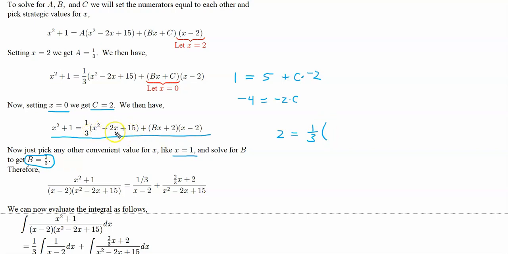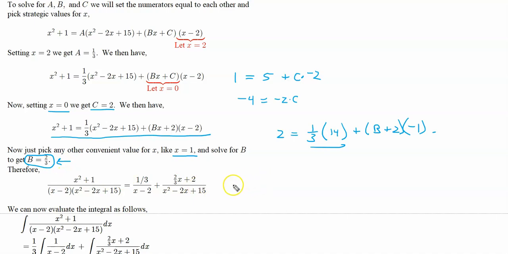This would be -1. All right, so that's what you would get. And then just taking this over to the other side, dividing by -1, subtracting 2, you can verify that you are going to get 2/3.